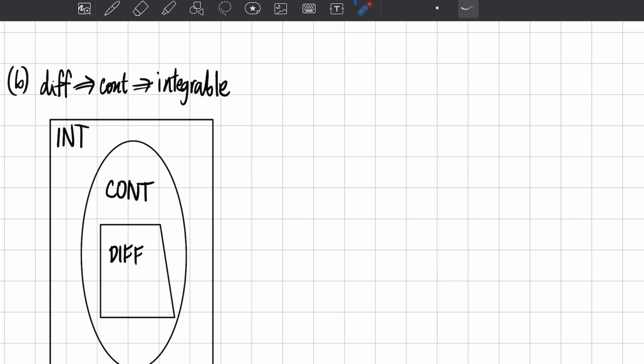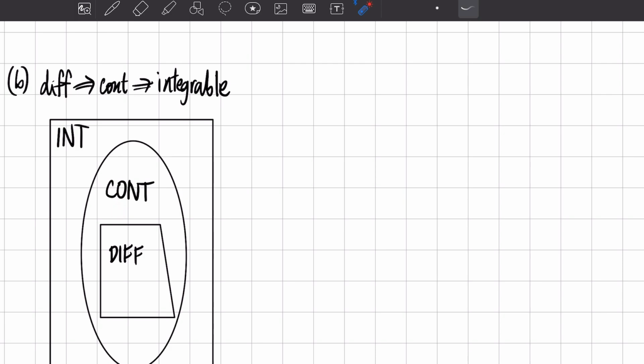What this is telling us is that it is possible to find an integrable function that might not be continuous and might not be differentiable. It's also possible to find a continuous function that is not differentiable. However, since it is continuous, we are sure that it is integrable. But in this case, it is not differentiable. So what we can do, let's try and think of a function that either is integrable but is not differentiable, or if you cannot think of that one, you start with a continuous function that is not differentiable.